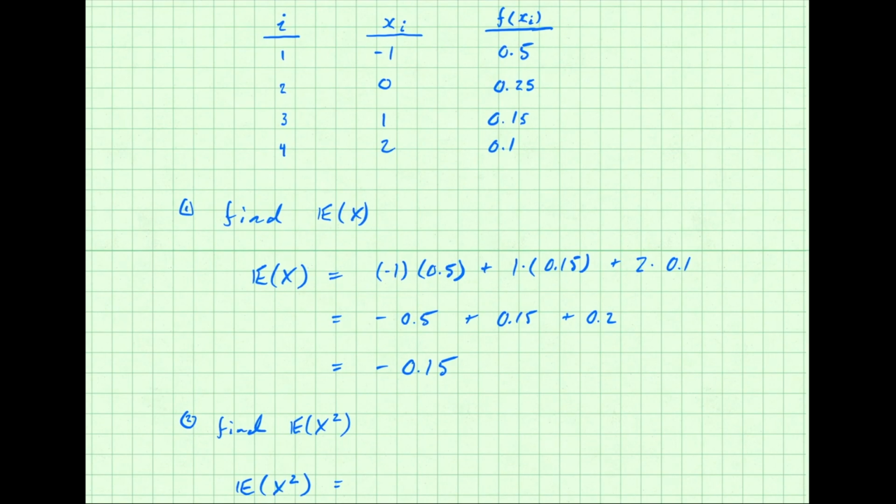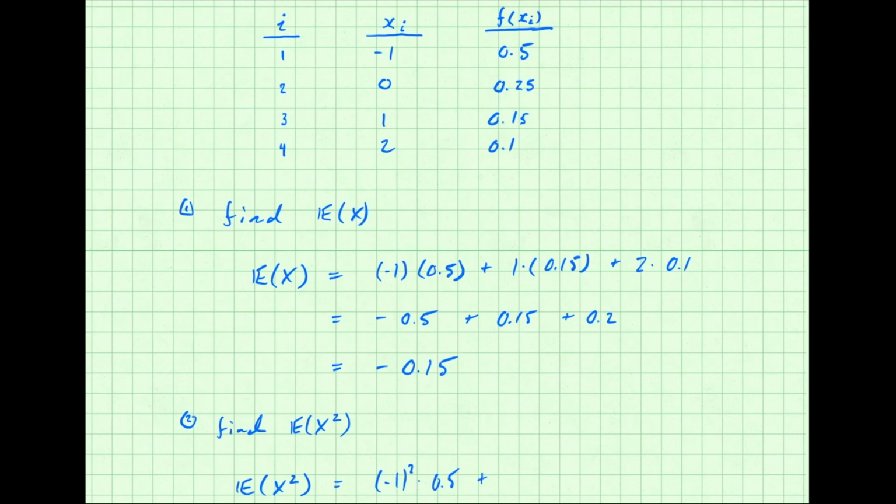I'm going to put that thing on the top of the screen so you can see it. So the value itself, -1, but I want to square this, times the probability, so that's a half. Plus 0 squared times a quarter, but I'm going to leave that off because it's 0.